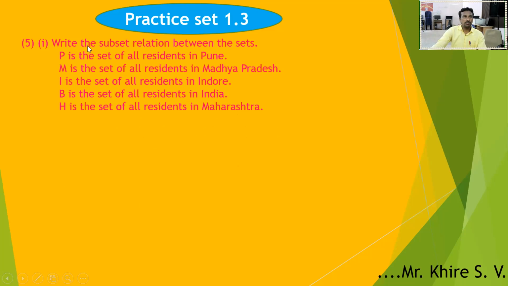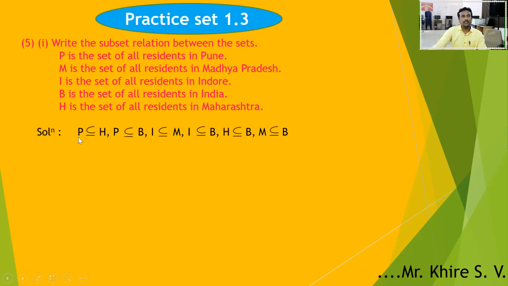First of all, you have to observe all these sets and see which is biggest, which is smallest, which set lies in another set. Okay? Pune is in India, Pune is in Maharashtra, Indore is in Madhya Pradesh, Indore is in India, Madhya Pradesh is in India. These are the subset relations.